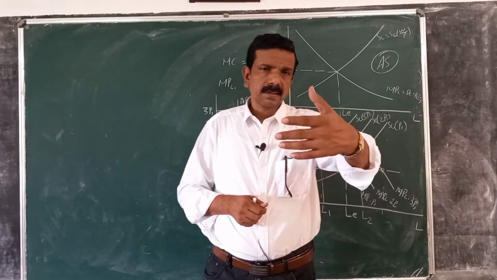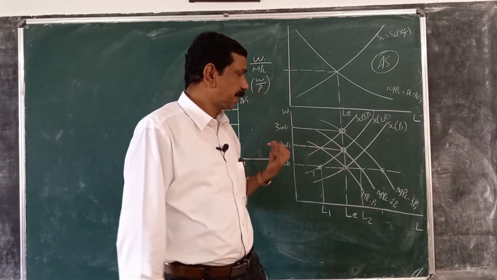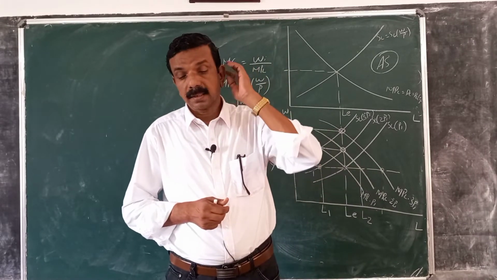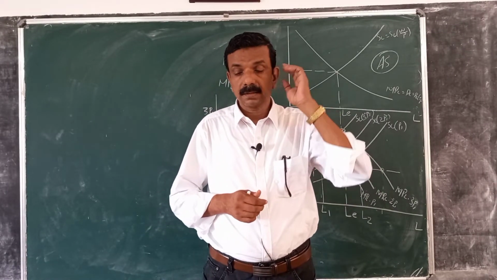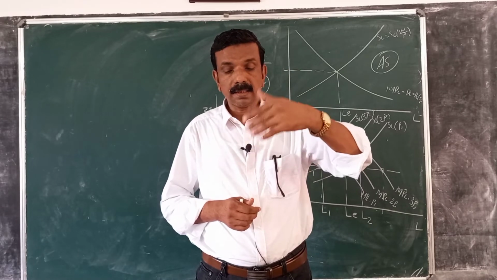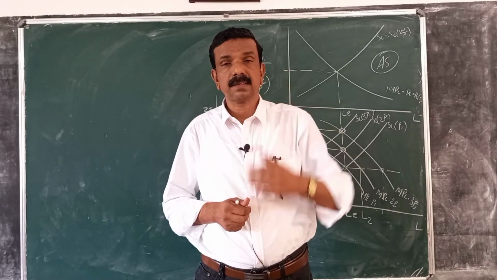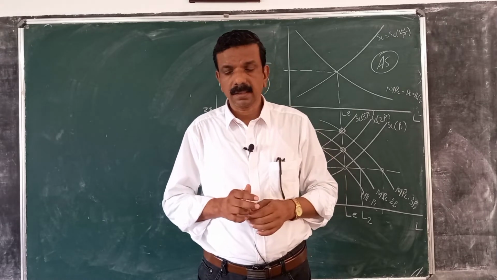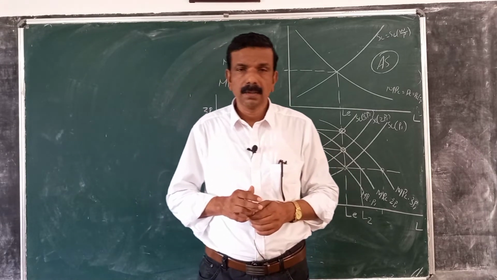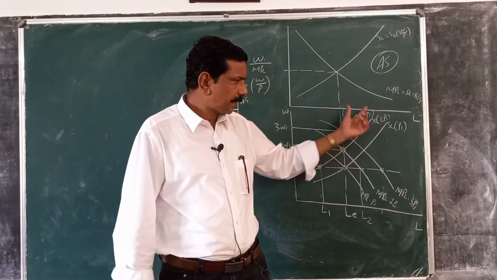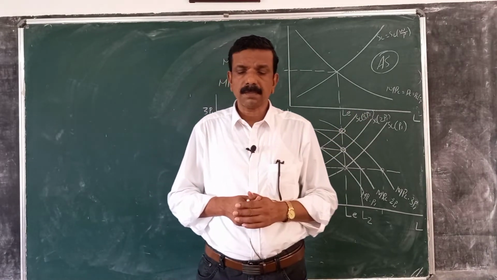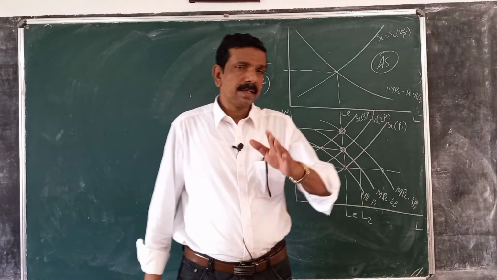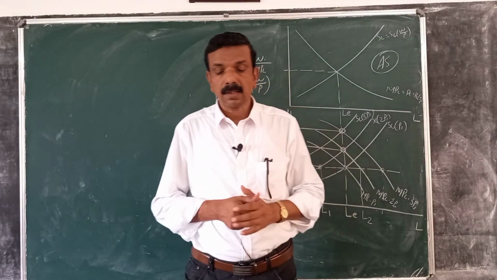Now, having discussed the nature of the aggregate supply curve, we also consider the factors that will not affect output and employment in the classical model. Since output and employment are supply determined, aggregate demand has no effect on output.